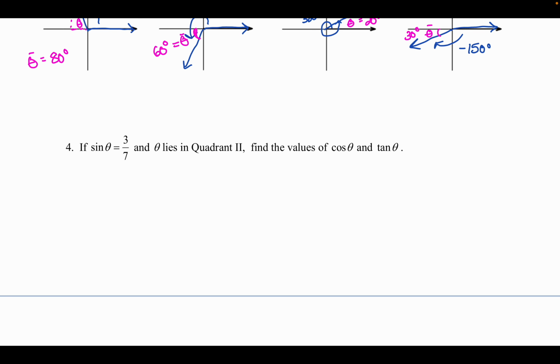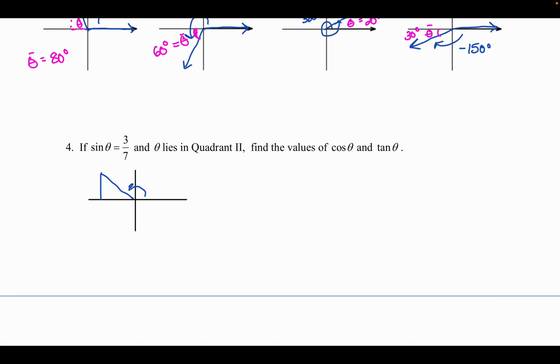Okay, so here, sine of theta equals 3 over 7, and theta lies in quadrant 2. We want to find the values of cosine of theta and tangent of theta. So let's draw a little picture. Straight lines. Okay, so we have 3 over 7, and we're in quadrant 2. So it's sine.